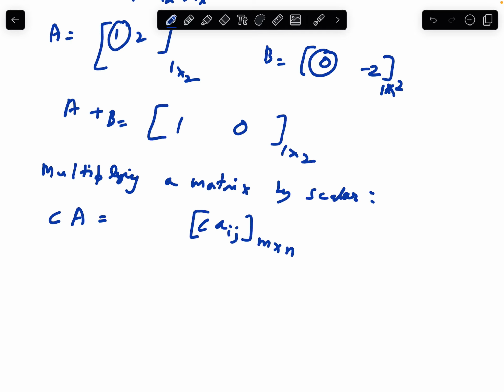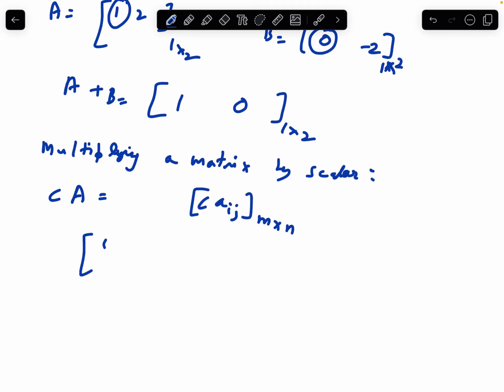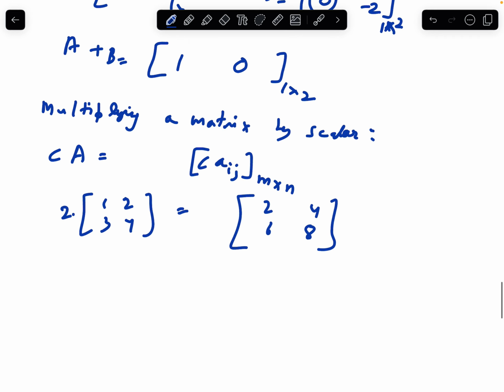That is, still the matrix remains an m by n matrix, and all the entries are multiplied by c. Let's see how. So 1, 2, 3, 4, for example, and you're multiplying by 2, then this will give you 2, 4, 6, 8. Multiply everything by 2, and that's it.